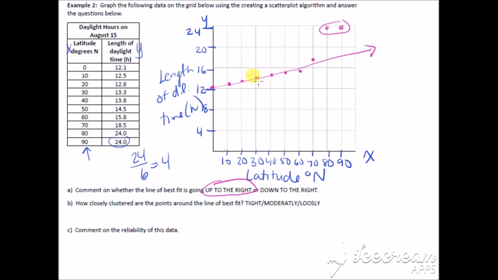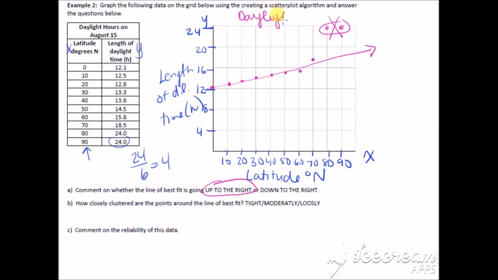And I feel like this is the trend of the data, and then you have 80 and 90, very, very high outliers. So let's not include those. But you have to state it, like circle it, X it out. You have to state that you're not including it.